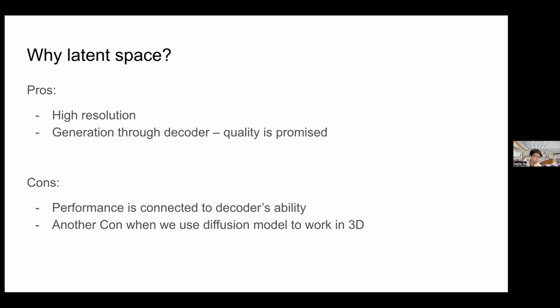However, there are also some disadvantages of this choice of latent space diffusion. The first part is still connected with the decoder. So the performance of this latent space diffusion is connected to the decoder's ability. Like we mentioned earlier, the decoder is pre-trained on some real clean images.